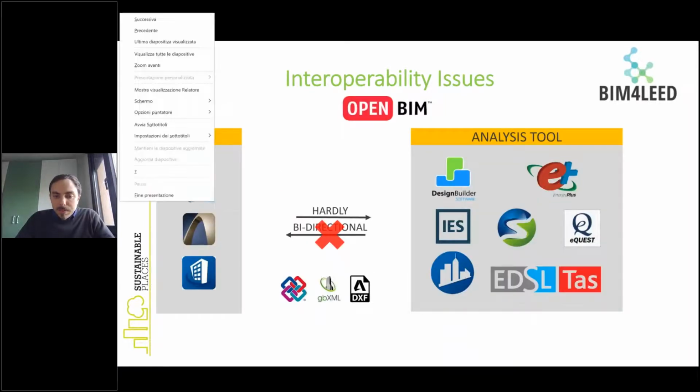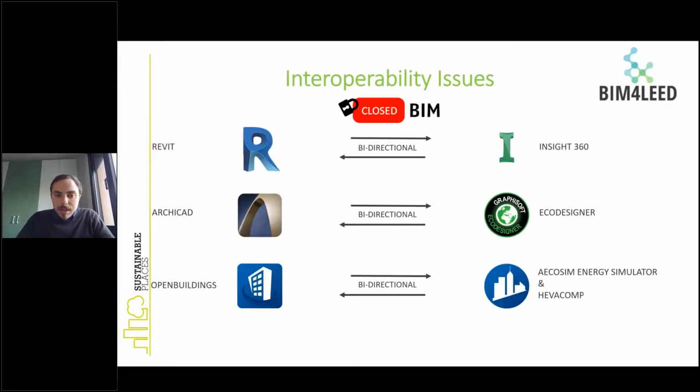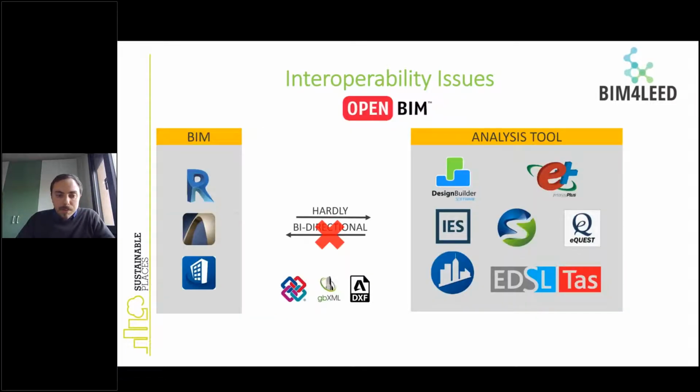But it's not possible to use it for all the LEED credits, because not all the LEED credits are for energy simulation or solar analysis, but there are different ones, like water efficiency, site and many more. So we have to go to the open BIM way, and in most cases the open BIM way is not bidirectional.